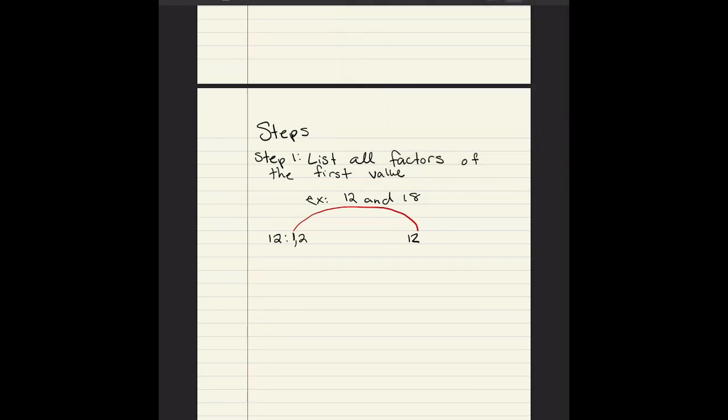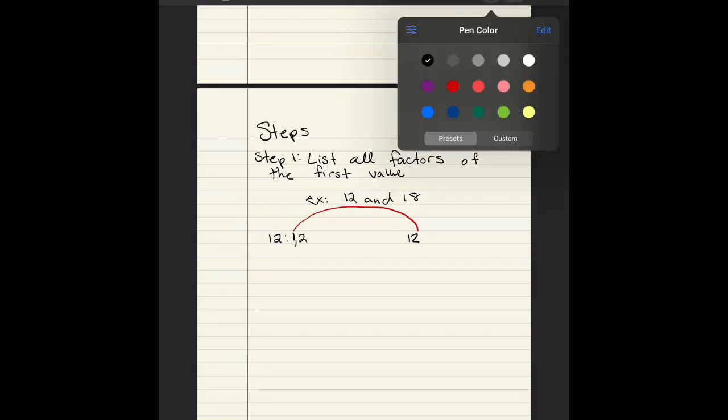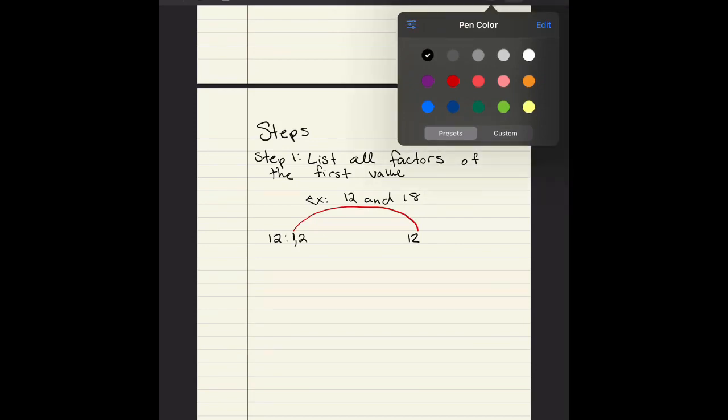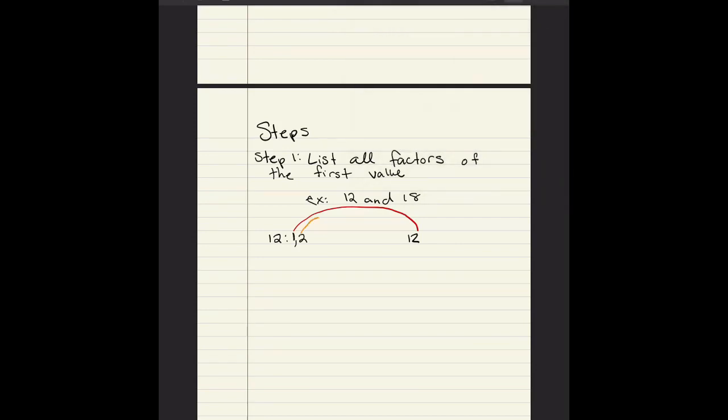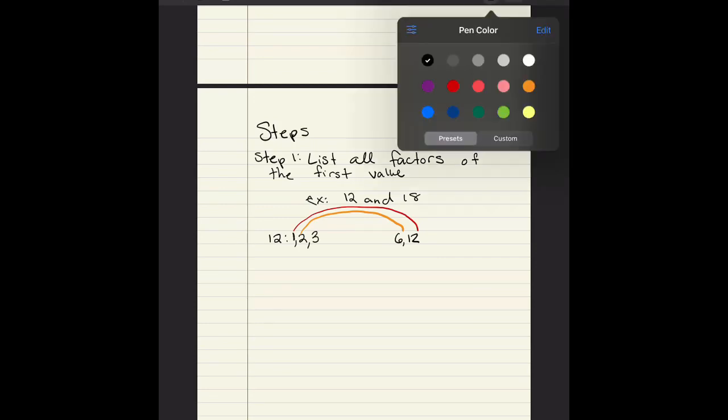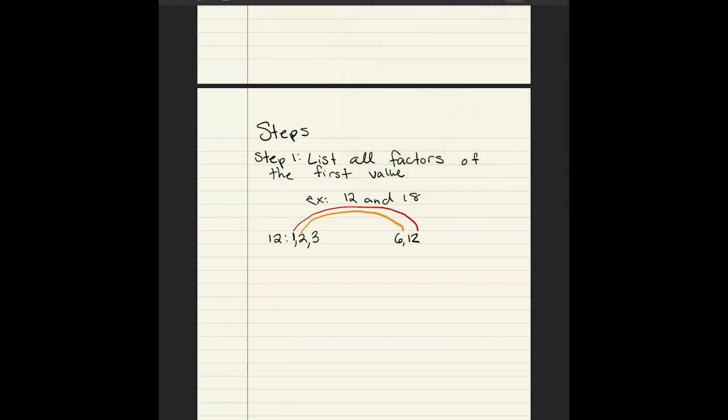And then I know 2 can go into 12. If I do the rainbow, 2 times 6 is 12. And then I have 3 times 4.